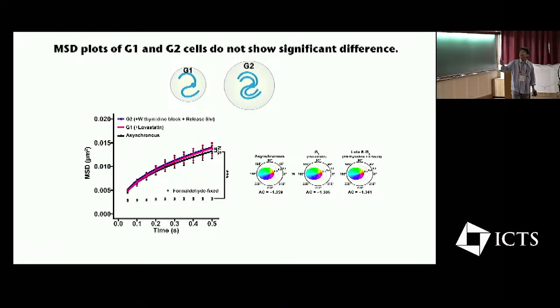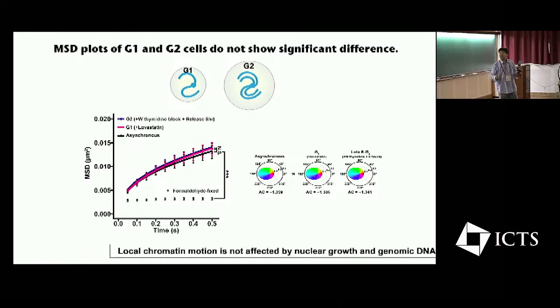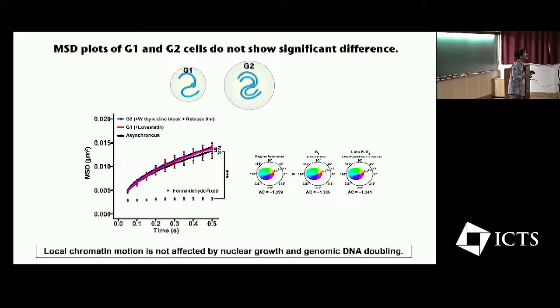Not only G1 and G2, but S phase also produces a very similar MSD plot. So no significant difference. These results suggest local chromatin motion is not affected by nuclear growth or genome DNA doubling during the interphase cell cycle from G1 to G2.